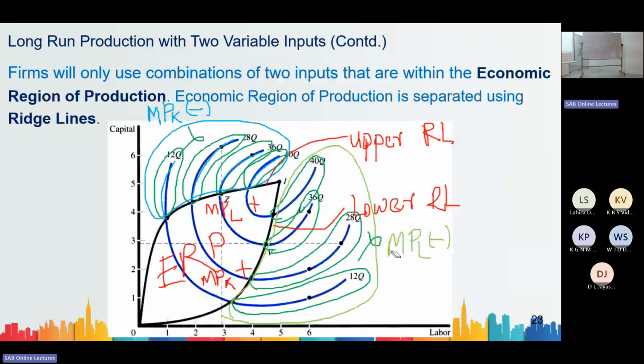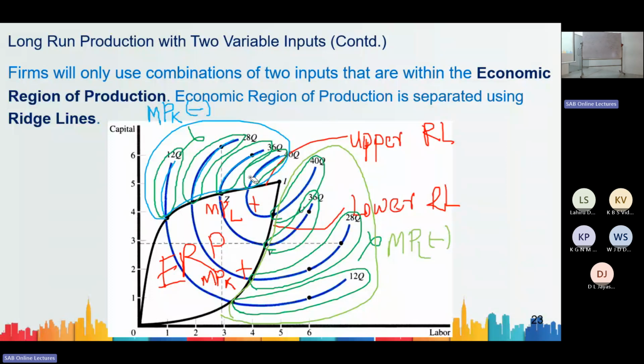And then you should know about the ridge lines and the economic region of production. Within the economic region of production, isoquant curves are negatively sloped, and beyond the ridge lines, isoquant curves are positively sloped.